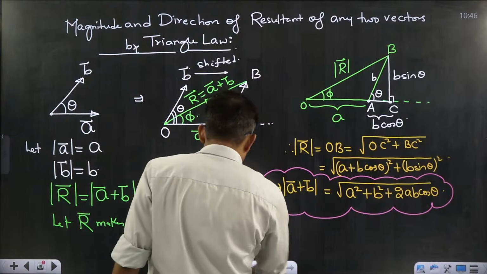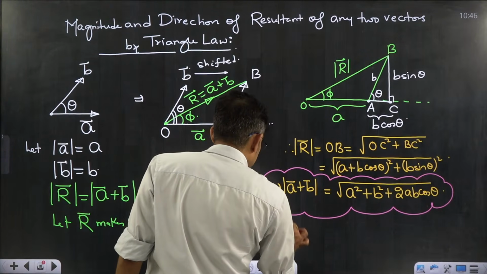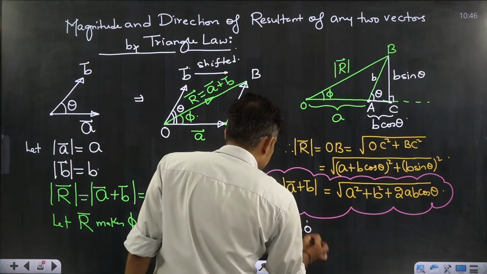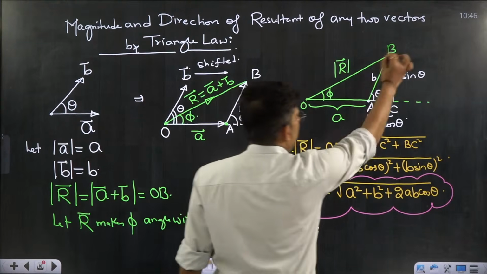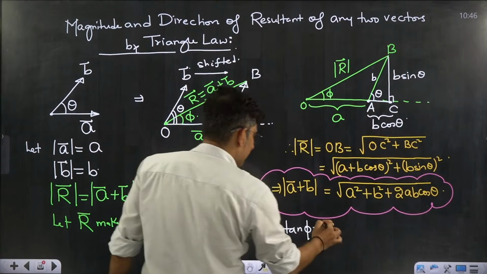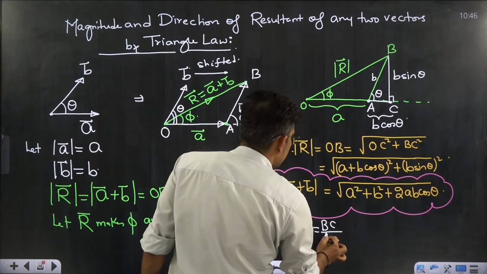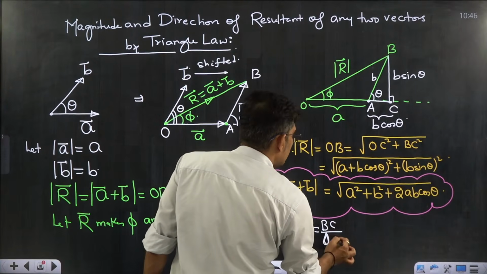So if you use a bit of trigonometry, you can apply the tan value to the right angle triangle. If you see the big right angle triangle, tan phi is perpendicular by base. Perpendicular BC by base, which is OC.